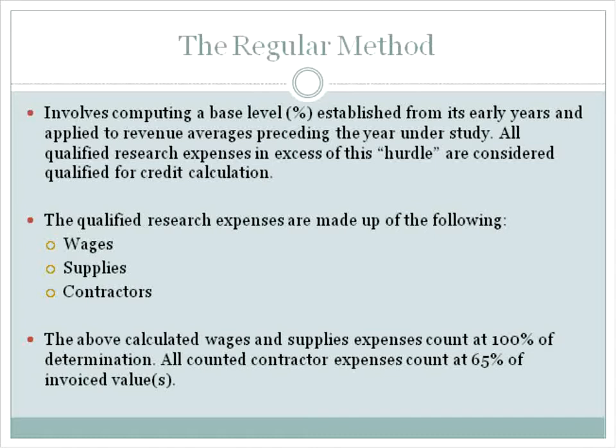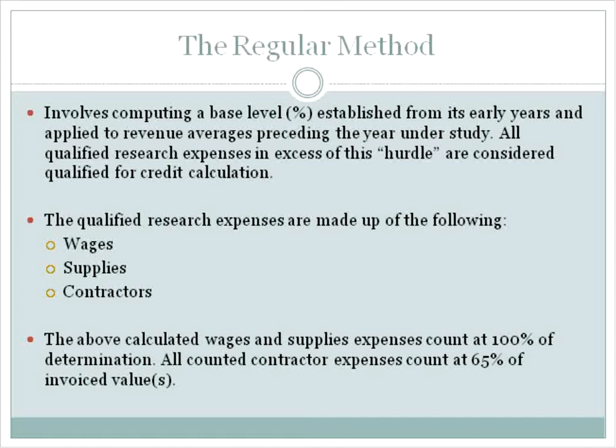And this is not just meant for lab people and engineers, but anybody and everybody who has done some amount of work that is related to a qualified R&D project, to the extent that the percentage of their time that they spent on working on qualified projects, that is the percentage of their W-2 wage and bonus that you could take for that year.